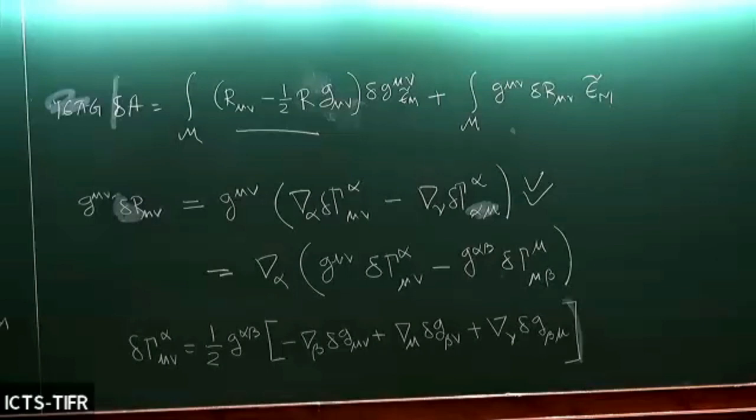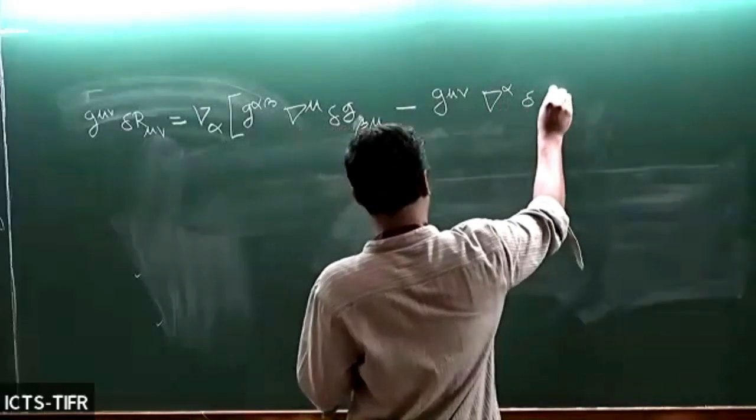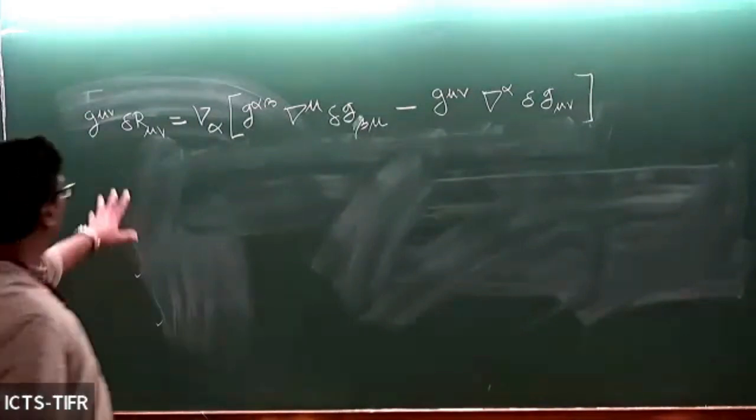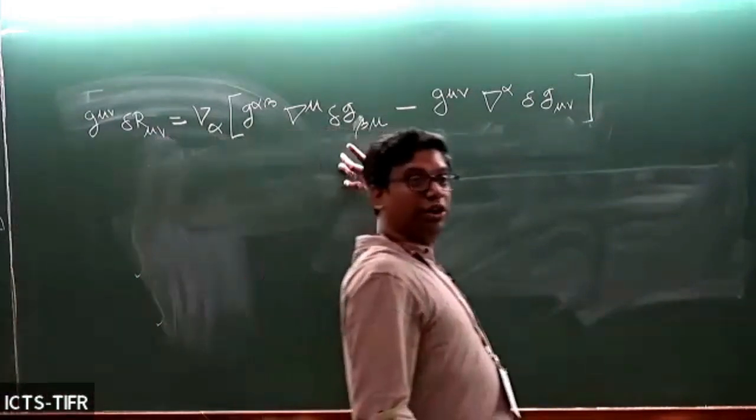Sorry, beta mu. Let me be a little consistent. Alpha. Okay, we have almost achieved our goal because we have proven that this quantity is actually a total derivative.